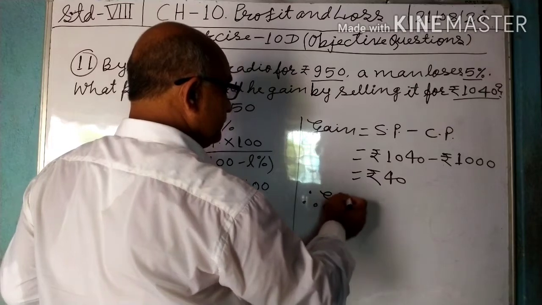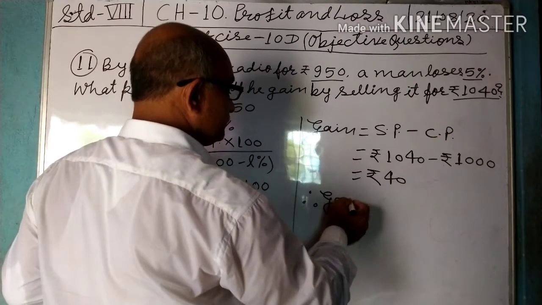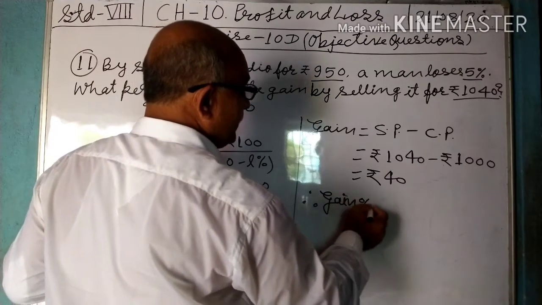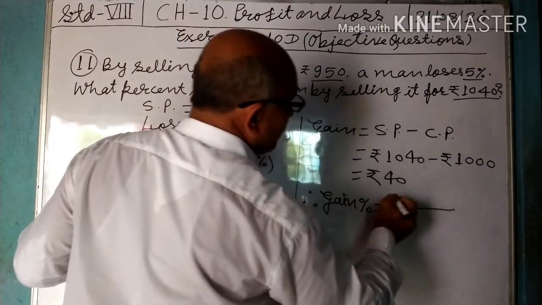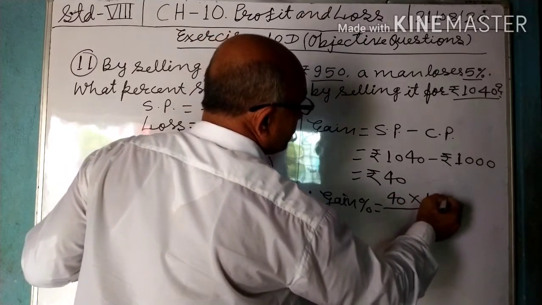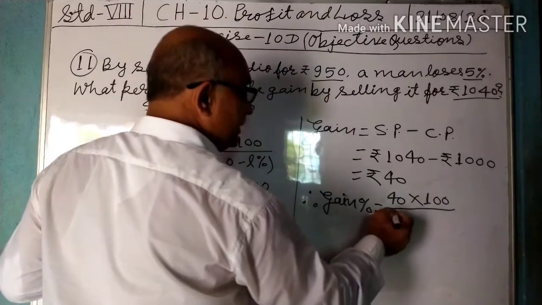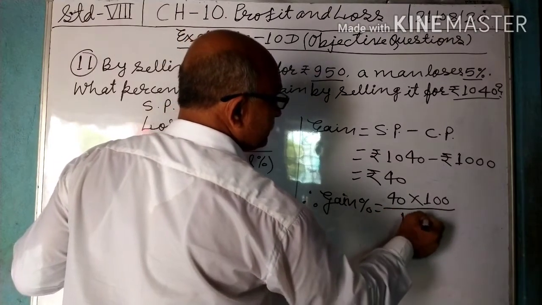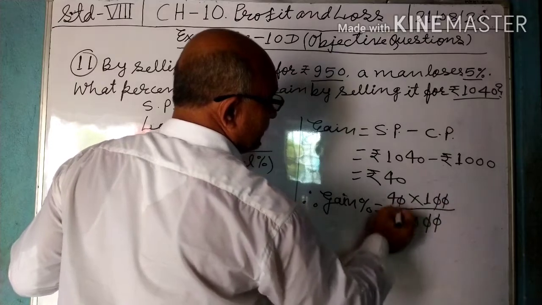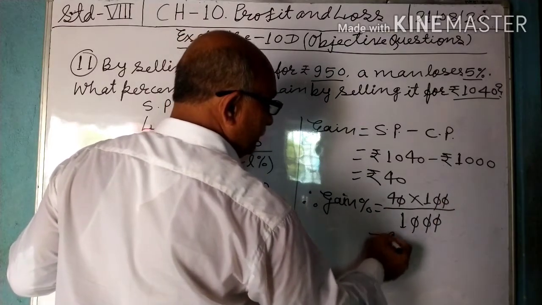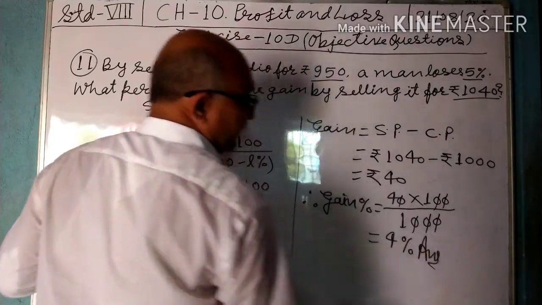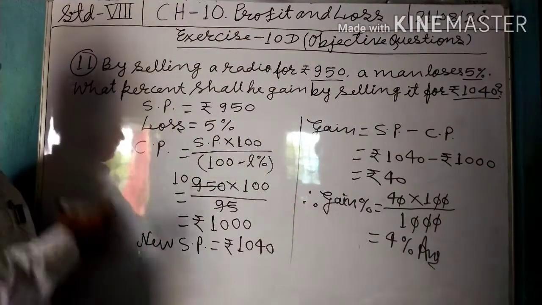Therefore, gain percent equal to gain into 100 by CP. So 40 into 100 by CP 1000. Double zero and third zero cancel, equal to 4%. Answer of this question.